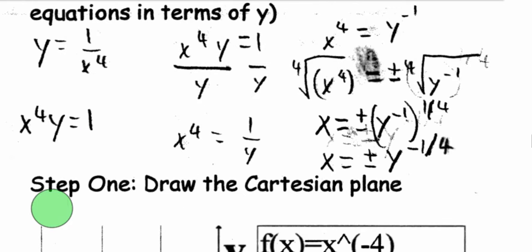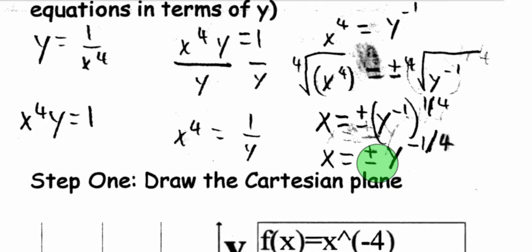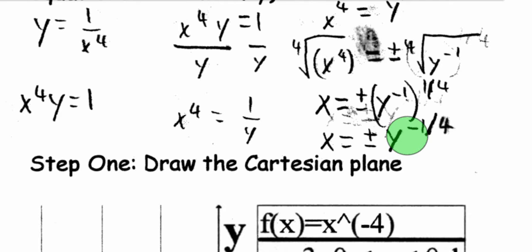Then we will pretty much cross multiply, divide by y, and then take the 4th root of both sides. That way we can get x by itself. We get x equals plus or minus y to the negative 1/4. So that's important because when we go to integrate, again, everything needs to be in terms of y. In other words, you have to get x by itself.